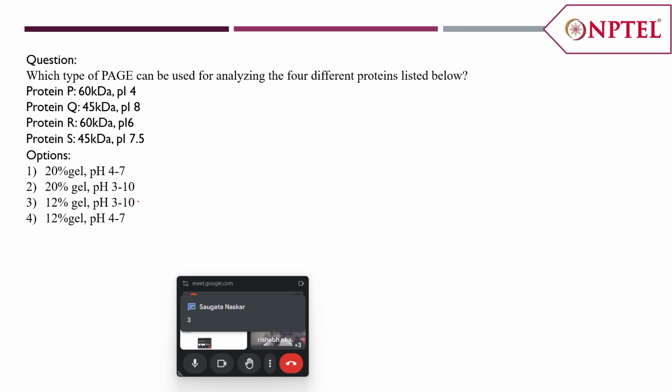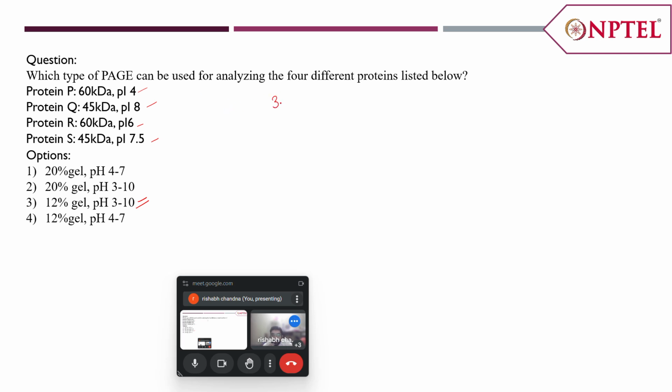So whenever we come across any such kind of question where we have to separate the proteins, we have to take a broader look. Okay, so because here the pI is 4, 8, 6 and 7.5, it has a broad range.